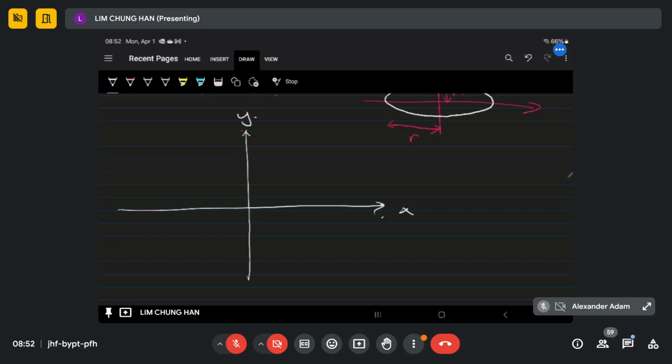What we know then is, in the x-axis, the radius is 4. More or less like that. But in the y-axis, the radius is only 3. Yeah. So your function looks like this.